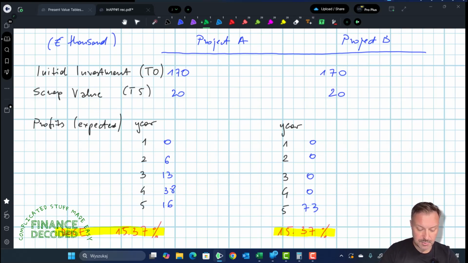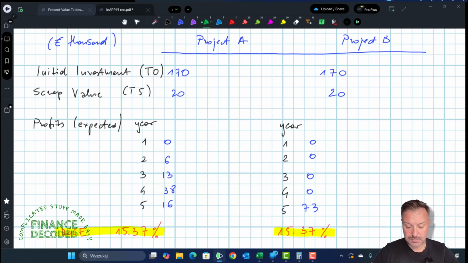As you can see, the project requires an initial investment of 170,000 euros right now, and 5 years from now, assets purchased within this project are going to have a scrap value of 20. Okay, and the return on capital employed was calculated based on the expected profits made on this project, which are 0, 6, 13, 38, and 16,000 in years from 1 to 5.